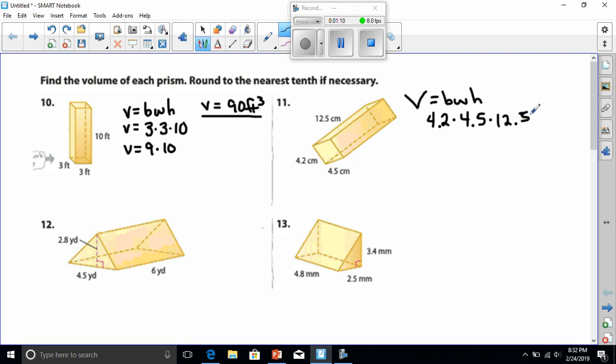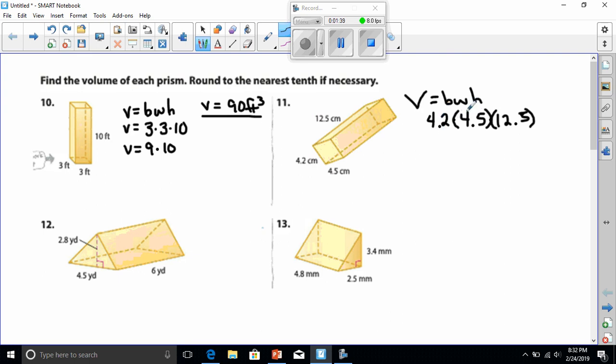We've got little parentheses going on over here and here. Could have put a dot, but I want to make sure you guys can distinguish between the decimals and the dots really well. So this is nothing but multiplying three numbers together, guys, whenever you have a rectangular or square base prism. You're just going to multiply all these things together and get your answer.